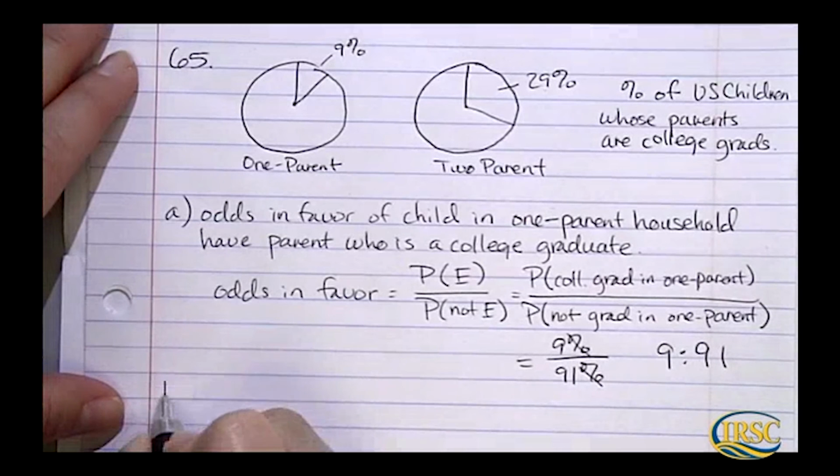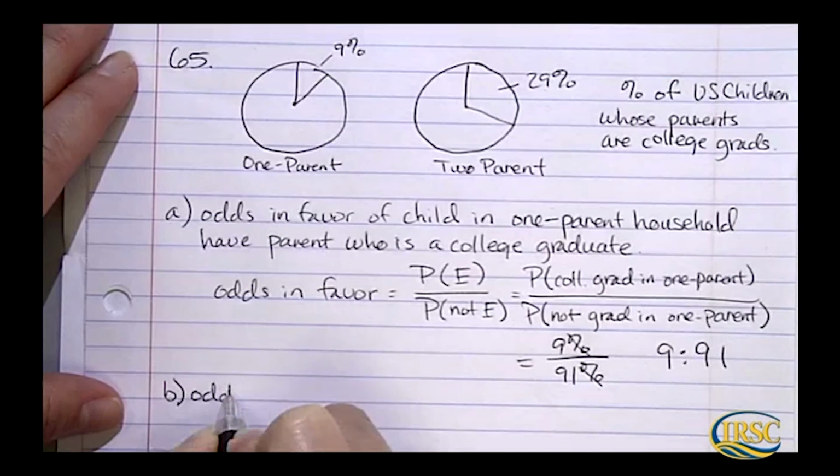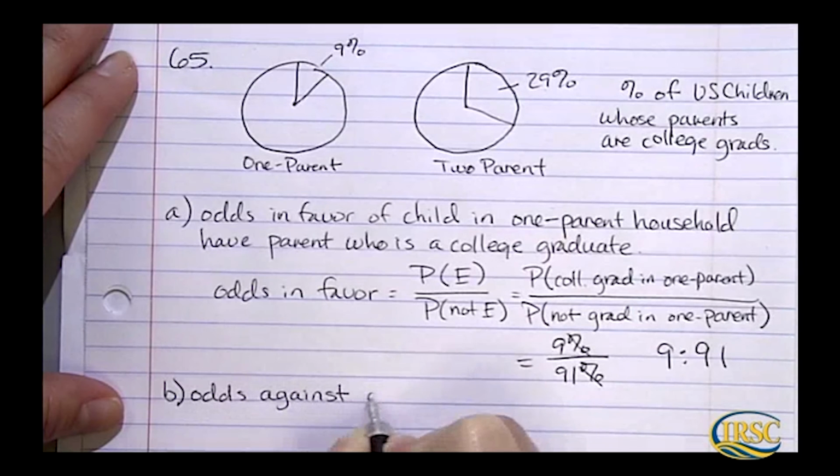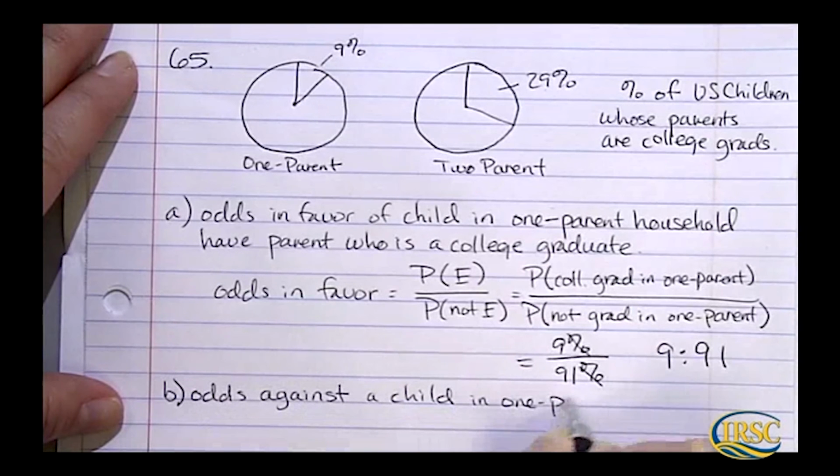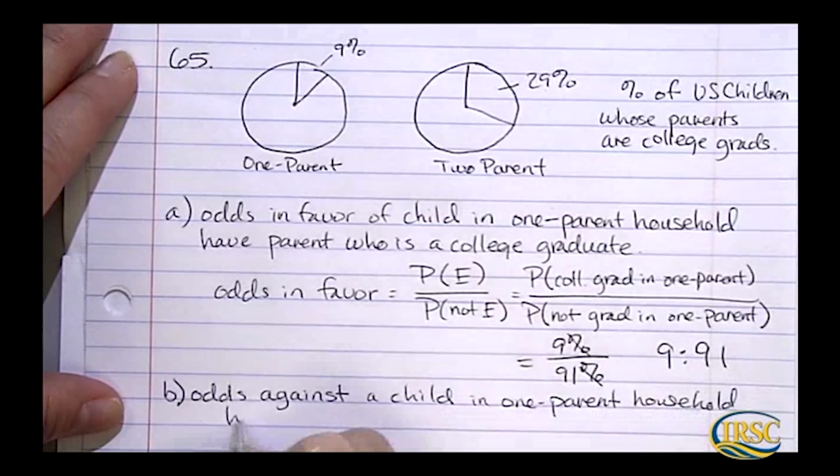Okay, so then part B wants to know the odds against a child in a one-parent household having a parent who's a college grad.